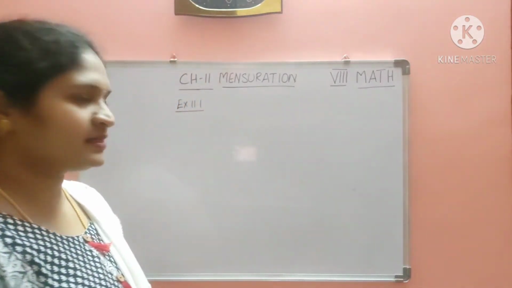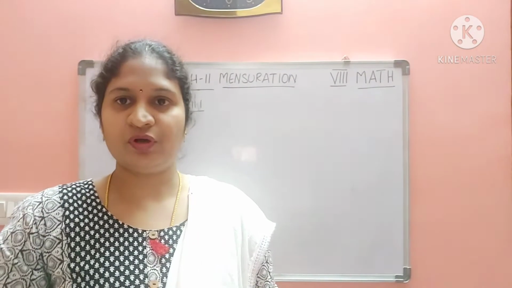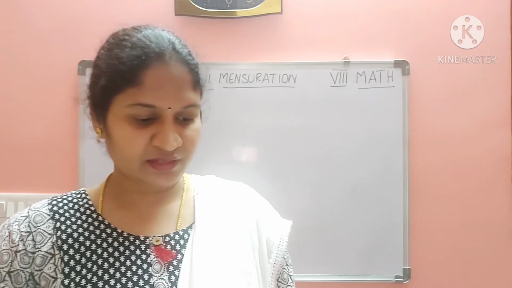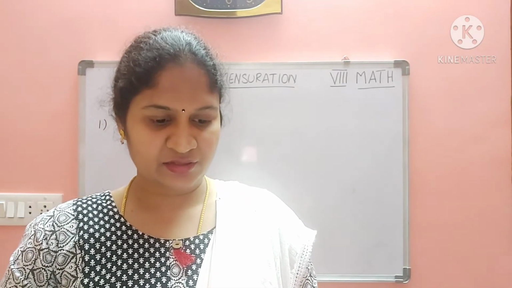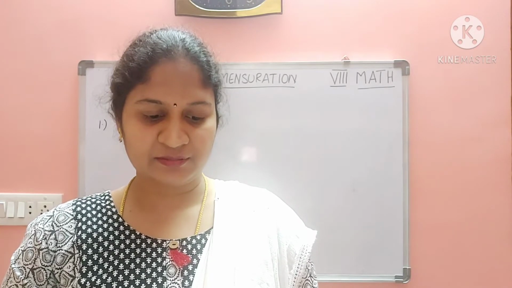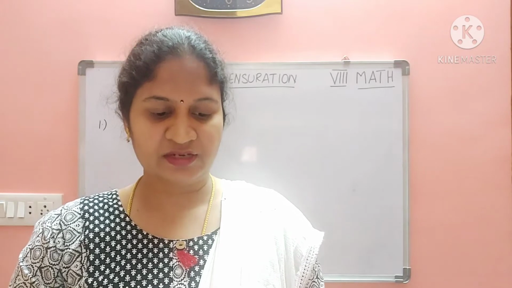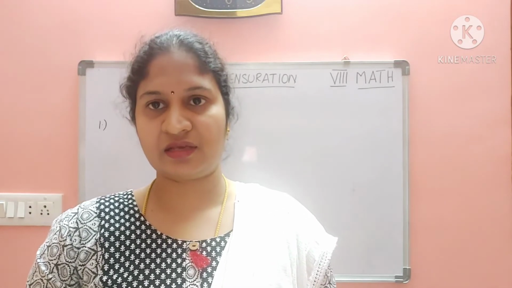Let us start exercise number 11.1. First question: a square and a rectangular field with measurements as given in the figure have the same perimeter. Which field has a larger area?